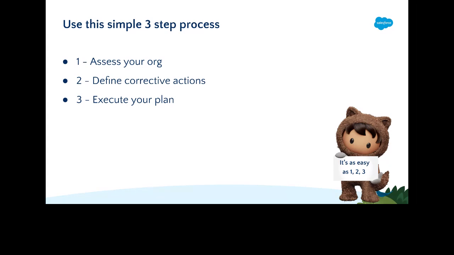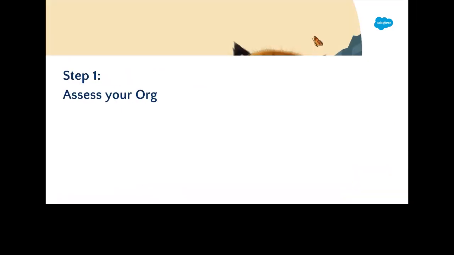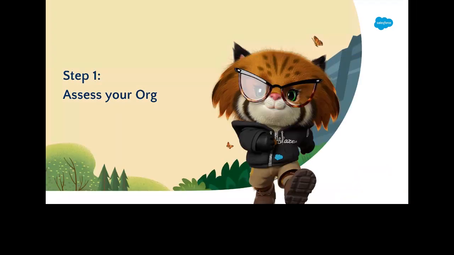Then define corrective actions, what needs to be done for what fields and what components, and then it's as easy as one, two, three. Assess your org.